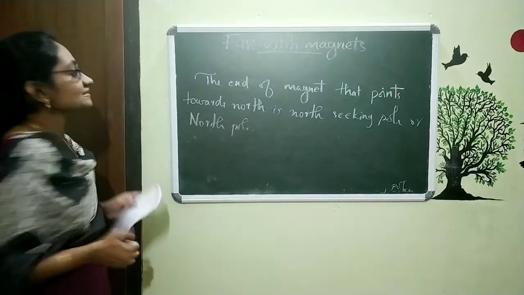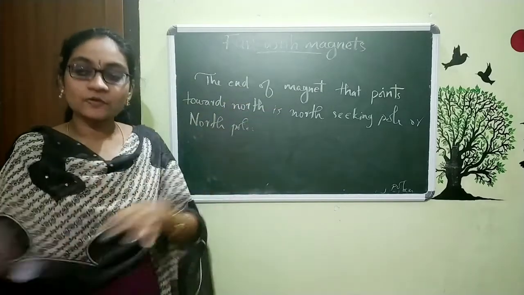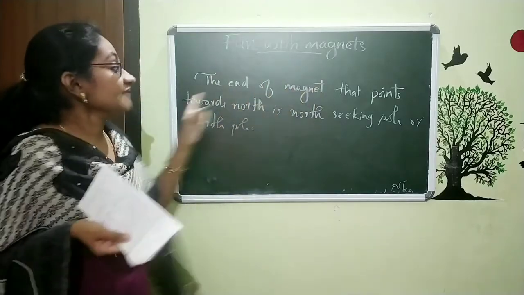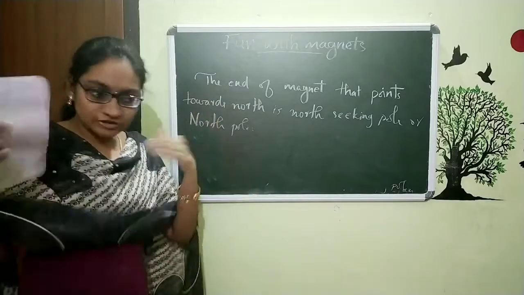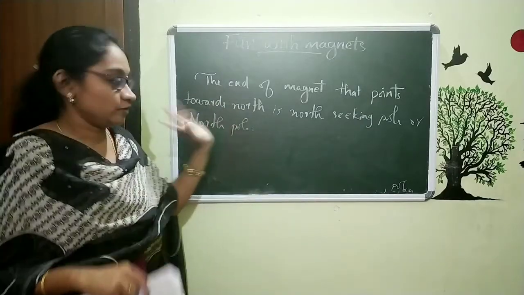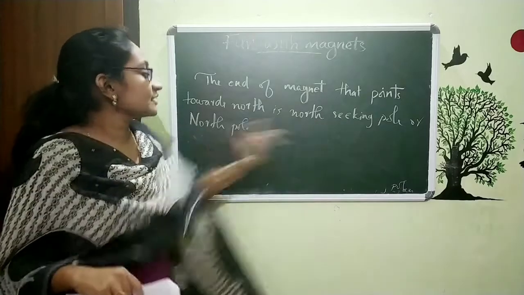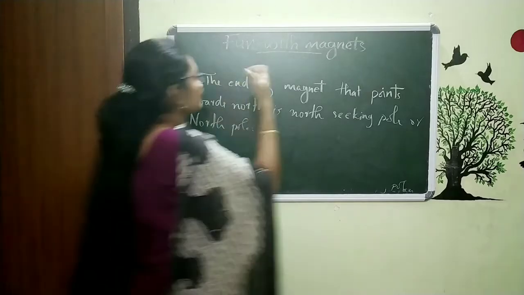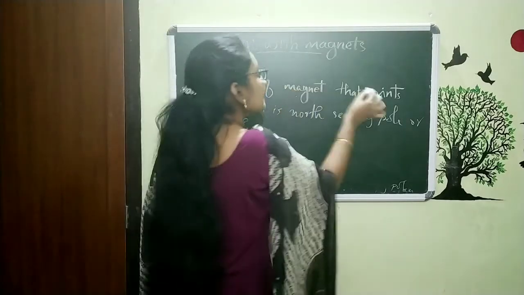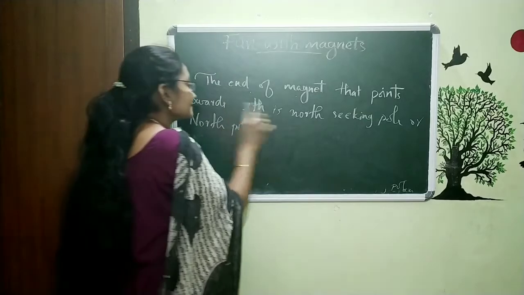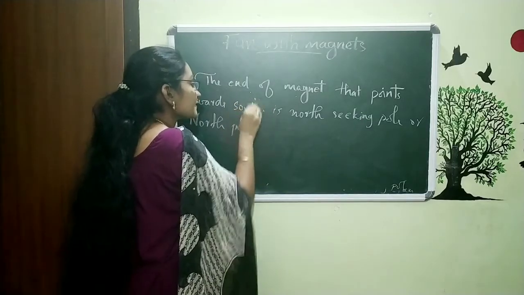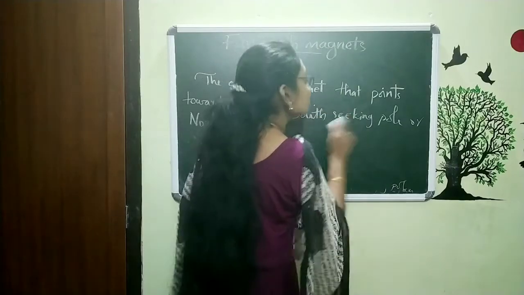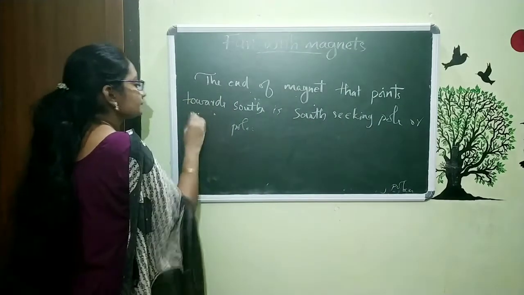So the definition is this, the end of the magnet, actually this north pole and south pole are the ends of the magnet. So the end of the magnet that points toward north, it always points towards geographical north, is the north seeking pole or north pole, and the other one, the south pole, is this: the end of the magnet that points towards south is the south seeking pole or south pole.